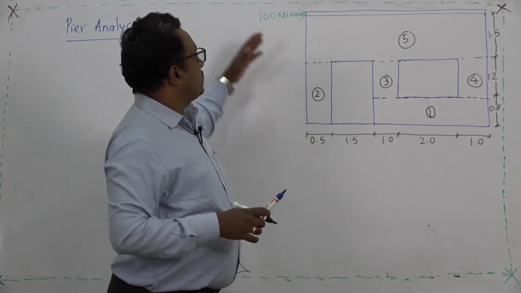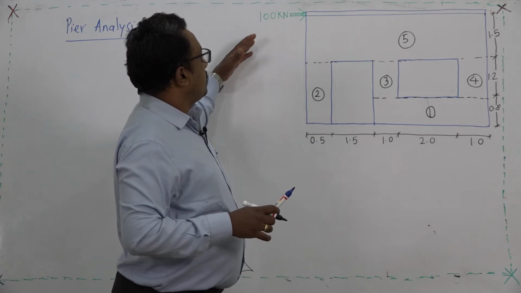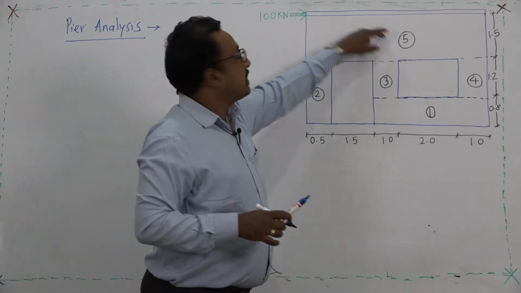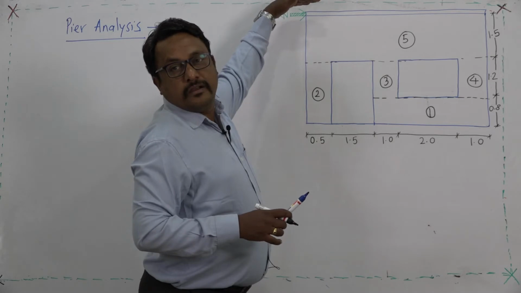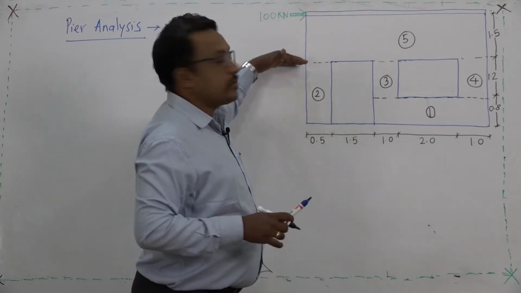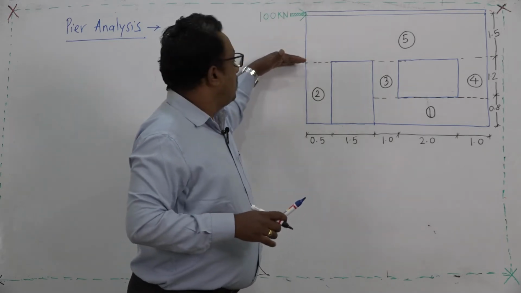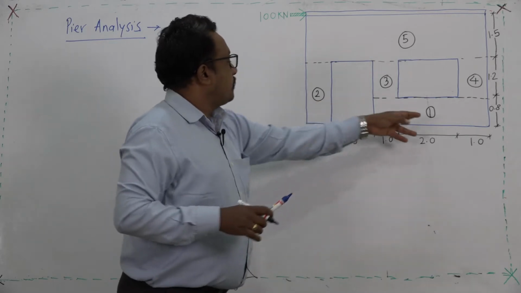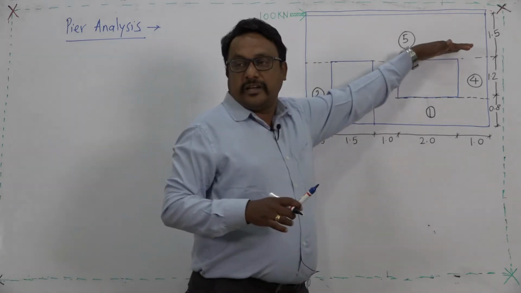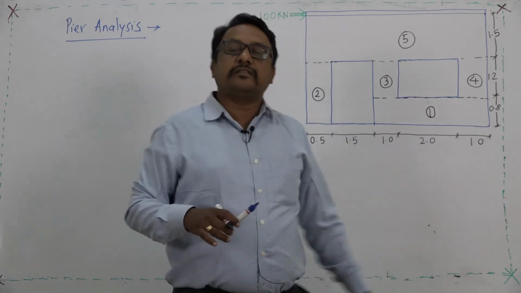If you focus on pier 5, the top end is free and the bottom end has fixity. For the other piers 1, 2, 3, 4, the top end is fixed and the bottom end is also fixed.